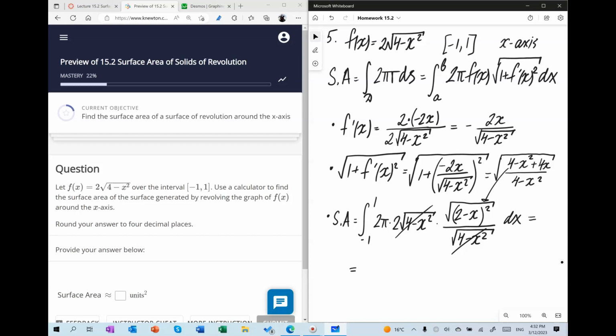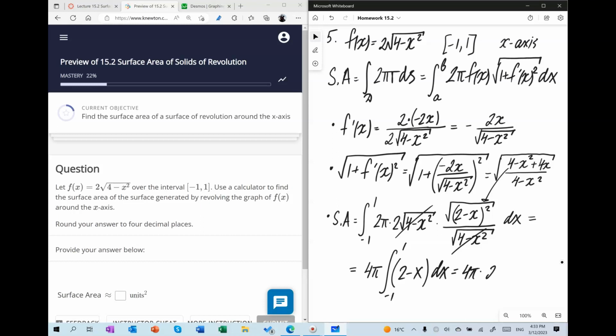Why would they ask us to do this with technology when it's actually quite easy to set up? So we have 4 pi, and the square root of that is just 2 minus x, the absolute value of 2 minus x. But 2 minus x on this interval is always positive, so I can just write it like this. And we have to integrate this from -1 to 1 dx. Well, hopefully I'm not making a terrible mistake here.